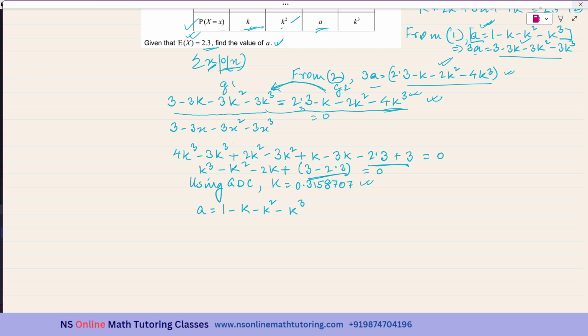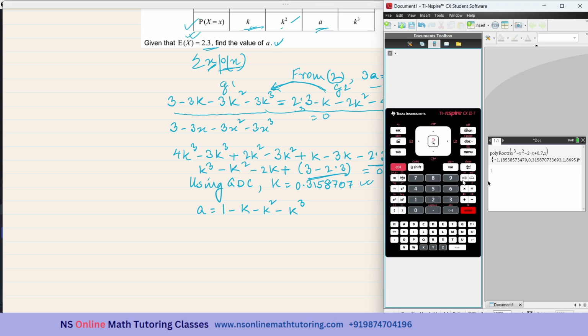So again, I have to use the GDC. I have got this k value. I will be taking 0.3158707. Okay, enter.